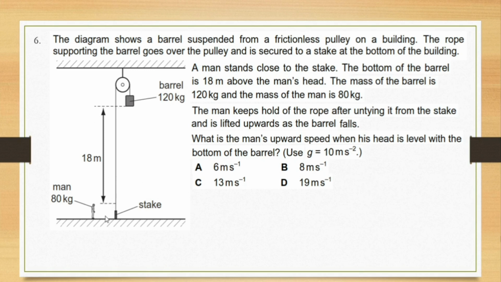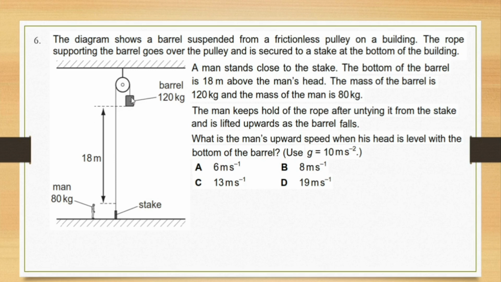The man keeps hold of the rope after untying it from the stake, and he is lifted upwards as the barrel falls. So we want to find the man's upward speed when his head is level with the bottom of the barrel.